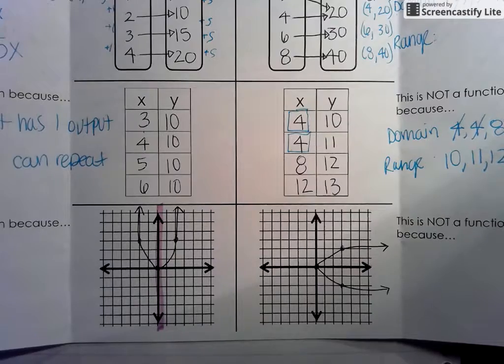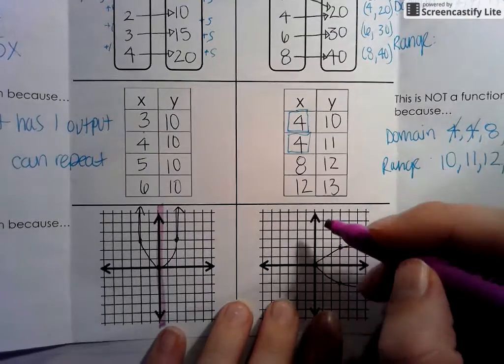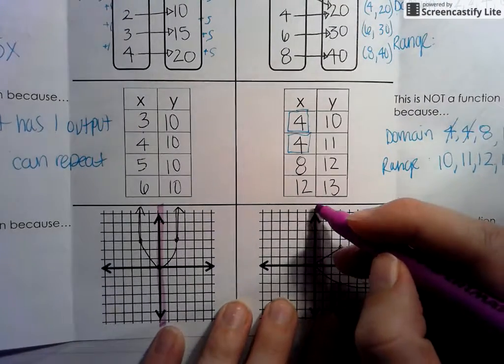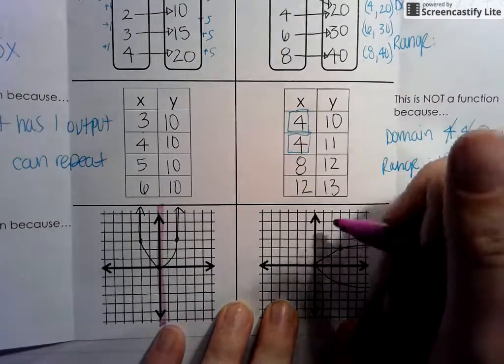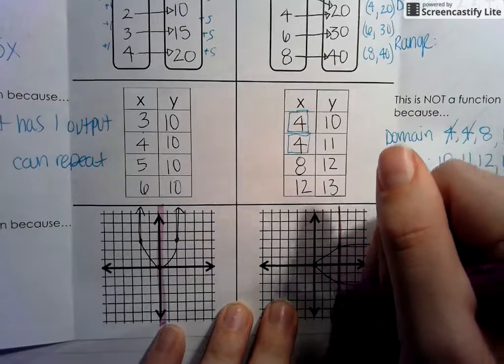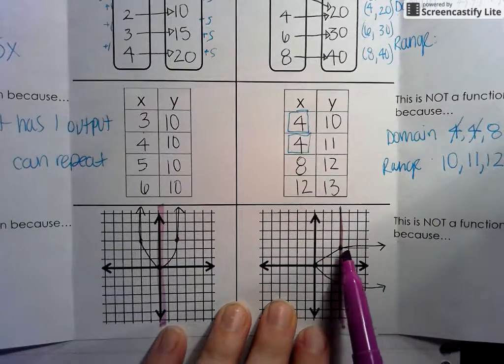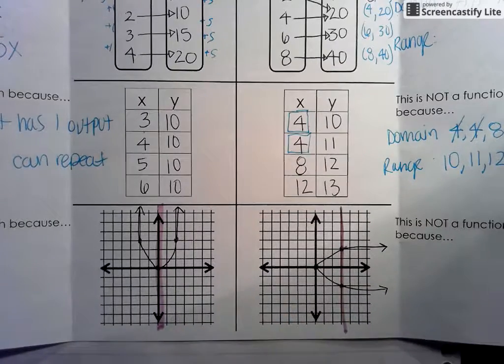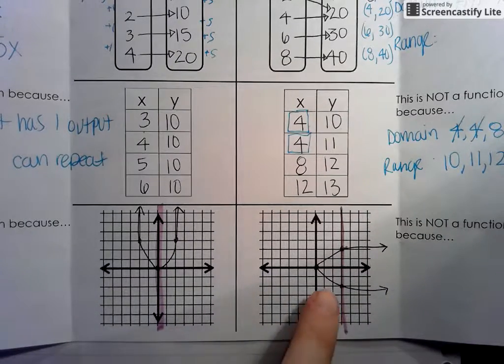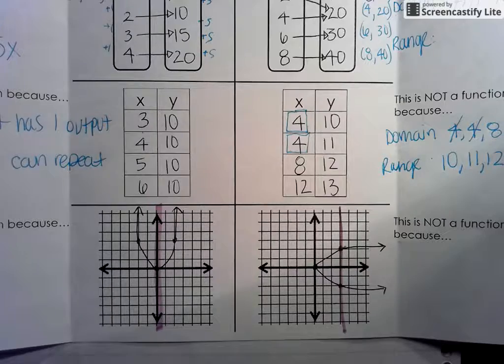Now in this one, if you drew a vertical line here, it wouldn't go through the graph twice. But if I were to draw it anywhere else, notice that it goes through 2 of the points, which means that there would be 2 points that have the same x value.